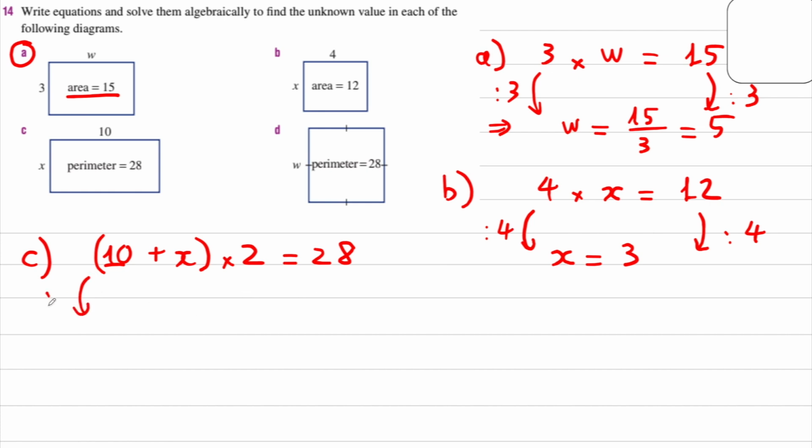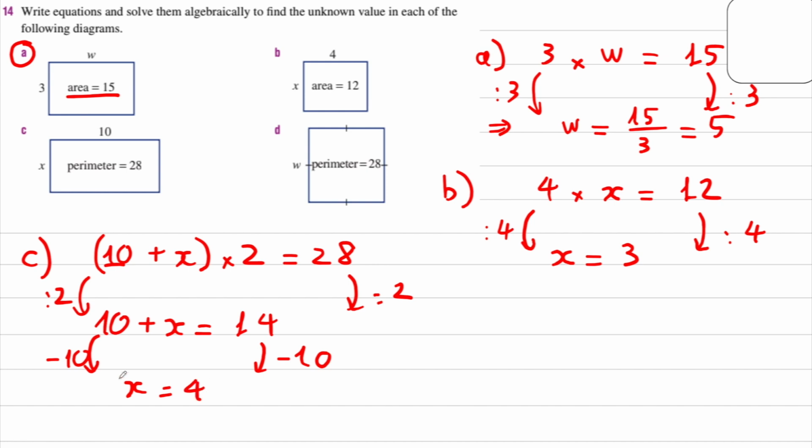So for this, divide by 2 first. 10 plus H, and divide by 2 here, you get 14. Then minus 10 here, and the next one is minus 10. H here, and H equals 4. That is question C.